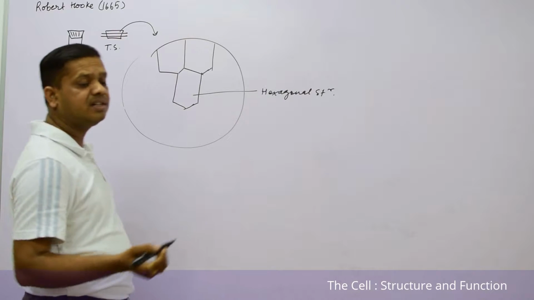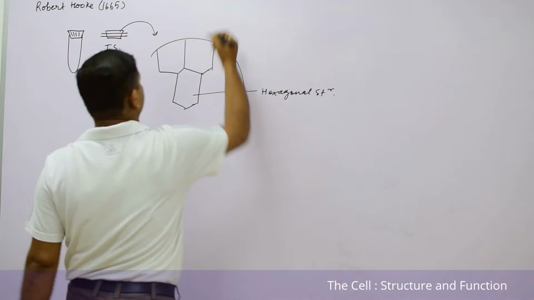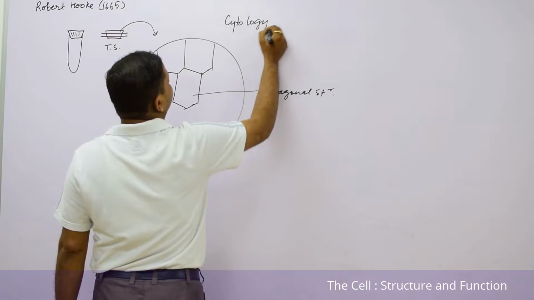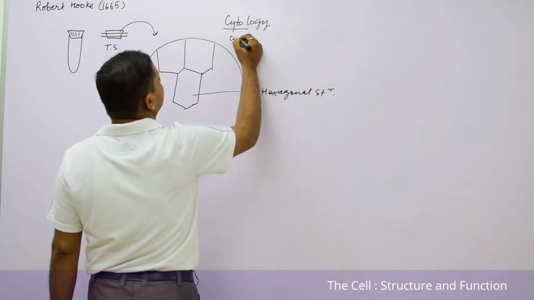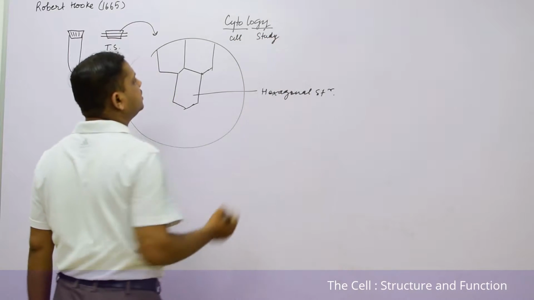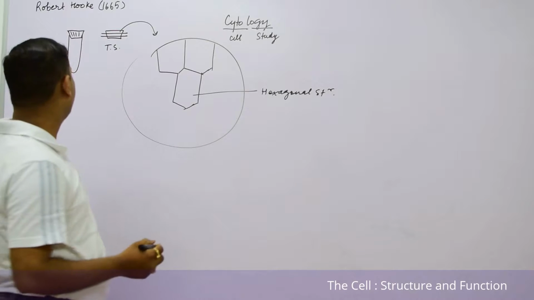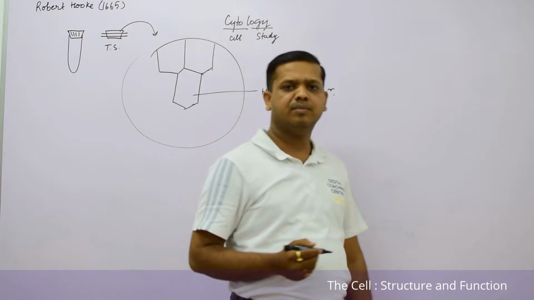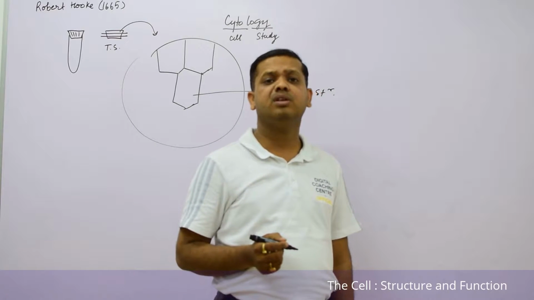The cell is studied in a branch of science known as cytology. Cyto means cell and logy means study. So the study of the cell is known as cytology. After Robert Hooke, one scientist came whose name was Antony van Leeuwenhoek.